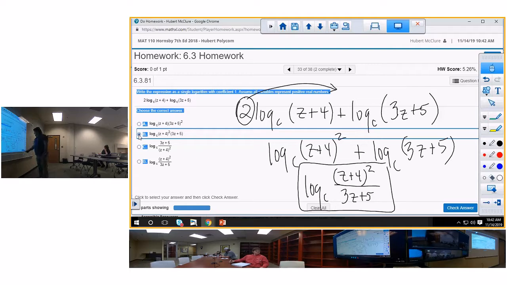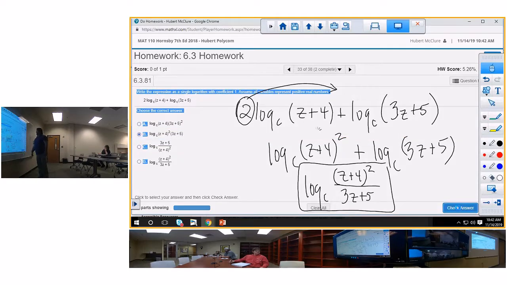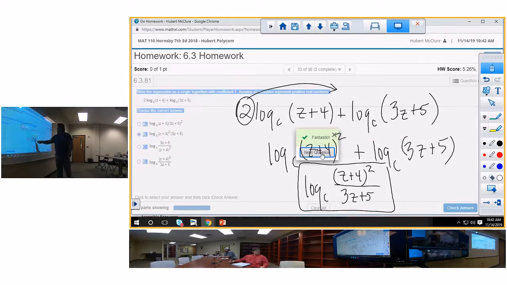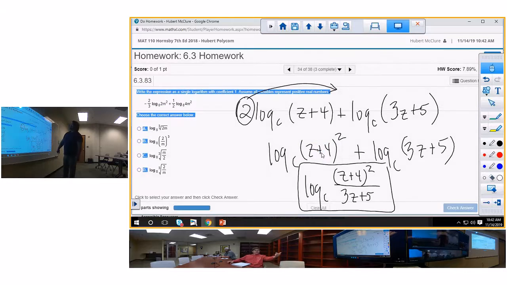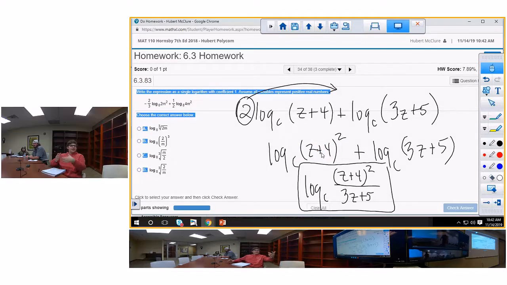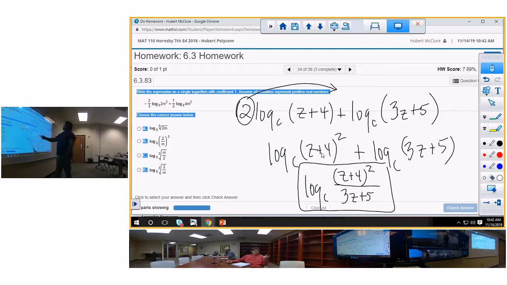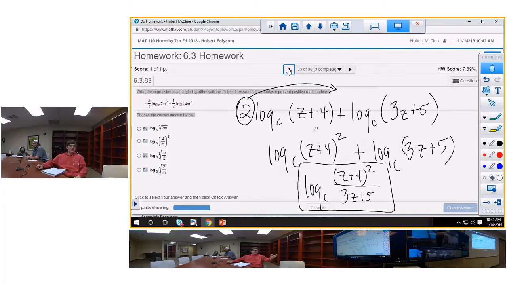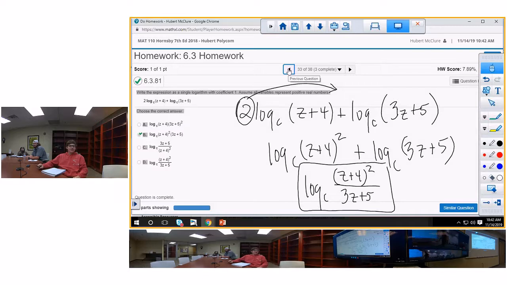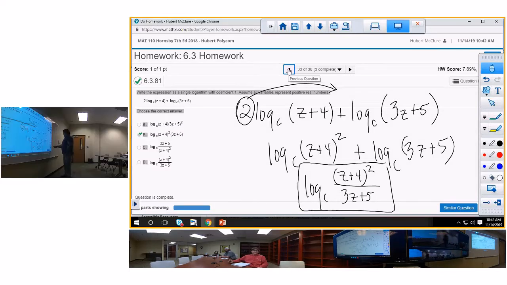Your equation has a division, and then you just chose the one that was multiplication. No, I didn't. Look at your answer. It's in division. Oh, I should have done division. I'm sorry, my bad.